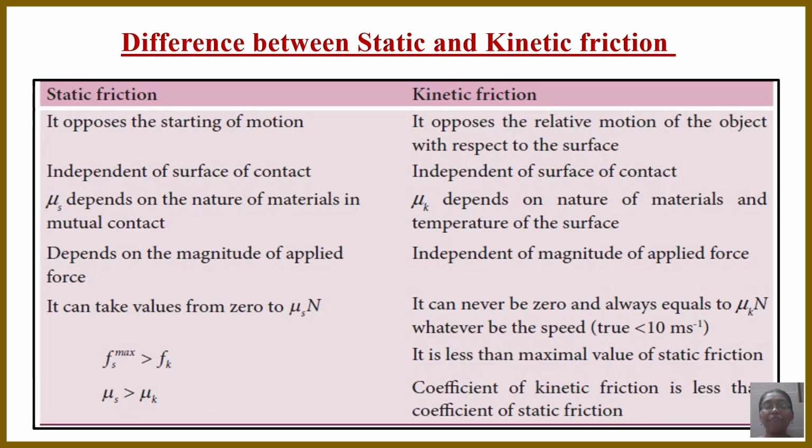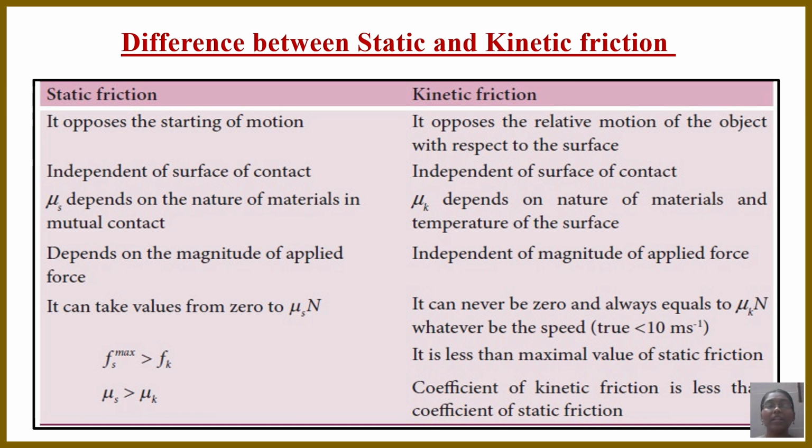Now these are the key differences between static and kinetic friction. As I said before, static friction will always keep the object at rest. Kinetic friction opposes the relative motion of an object which is already in motion. They both depend on the nature of the material, and they are both independent of the surface area of contact, whether it is vertically in contact with the surface or horizontally, that does not matter.